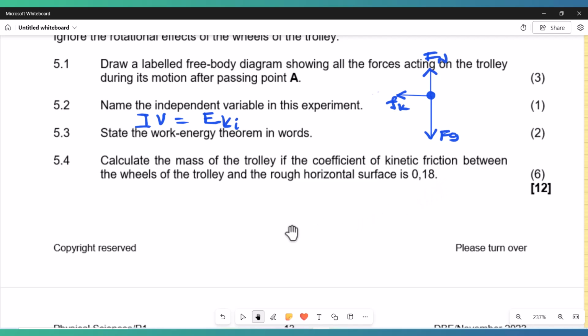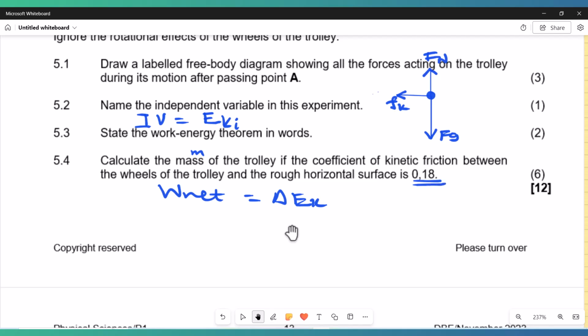0.18. Now, if it asks for something up here, that's for the work net, we know that our work net equals the change in EK. In most cases, when that's for the theorem, you want to use it in the following question. We're looking for the mass of the trolley, and they gave us the coefficient, 0.18.